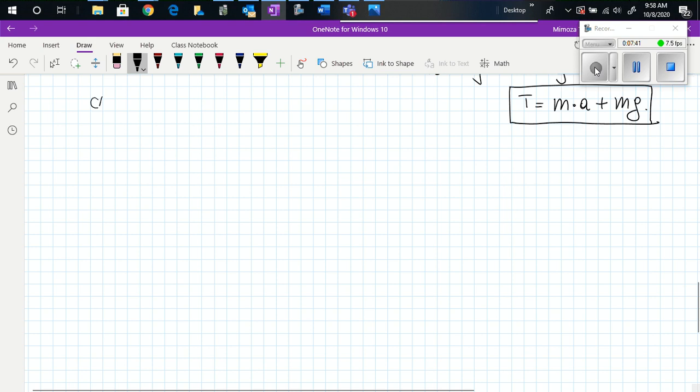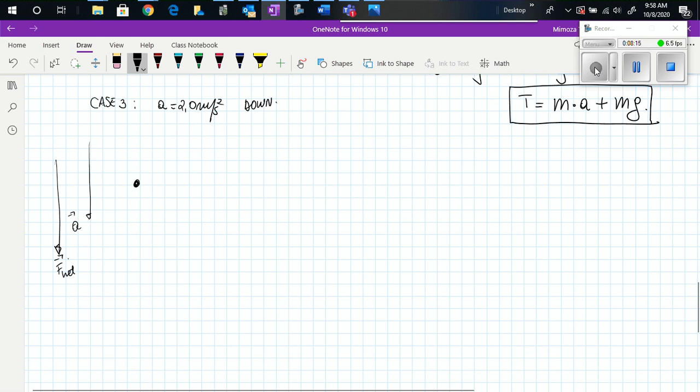Okay. The third case is when the object is moving with an acceleration down. So now we have case 3, when the acceleration is a value we will keep as 2.0 meters per second squared, but now it is going down. So then the free body diagram will tell us that since the acceleration is going down, force net as well will be going down.